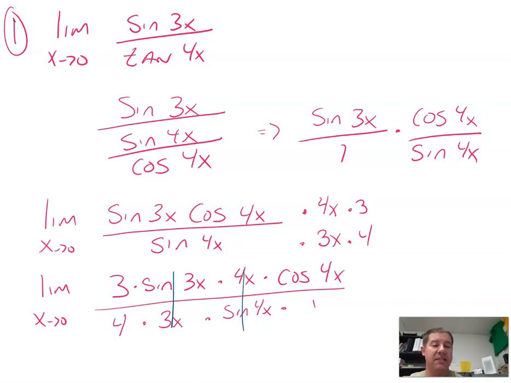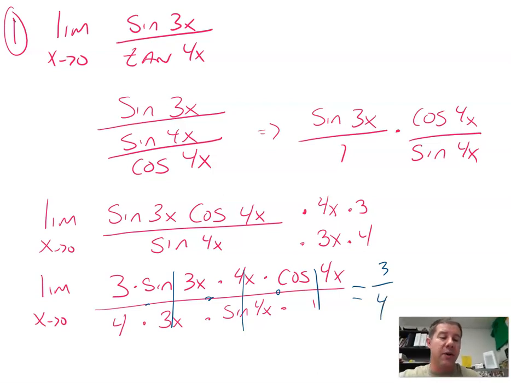And then the limit as x goes to 0 of cosine is also 1. So I get 3/4 times 1 times 1 times 1. And so this whole thing is going to go to, not 1, there's a 3/4 there. It's going to go to 3/4. So that's how I'd want to work this thing out using some of those rules that we have talked about.